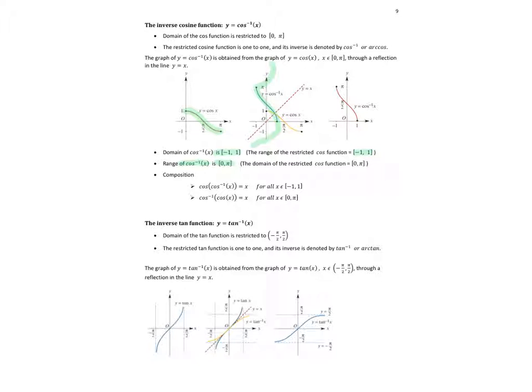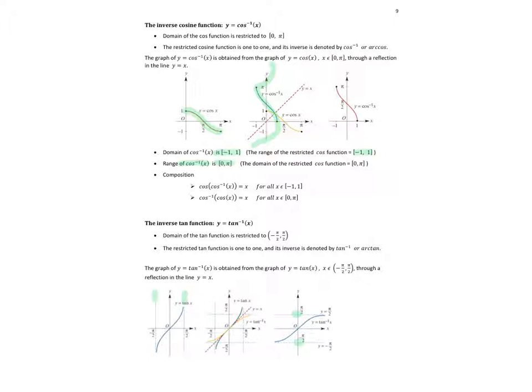A tan inverse graph has similar properties. So it's a reflection about the line y equals x. I guess the easiest way to remember it is that my vertical asymptotes on my original graph become horizontal asymptotes on the inverse. So now we have a range of the graph bound between negative pi on 2 and pi on 2.